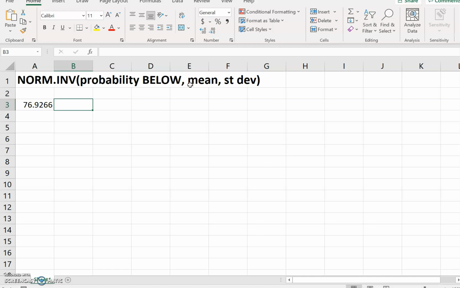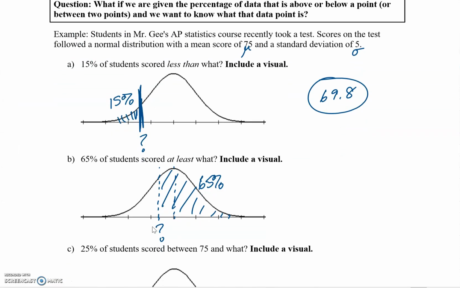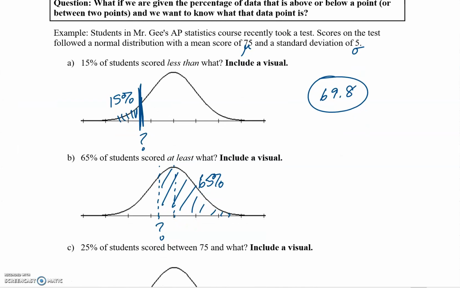And there's not going to be a super easy fix in terms of doing 1 minus inside Excel. But what we can do is we can say, well, let's look at our visual here. This is, again, why the visuals can be so helpful and help avoid some of those simple issues. So if 65% scored at least or above some number, that means we know, well, okay, down here is 35%. And that's what we're going to want to use for our inverse norm.